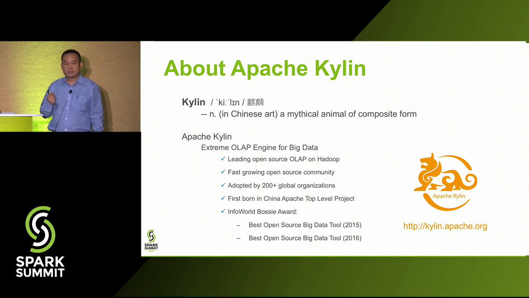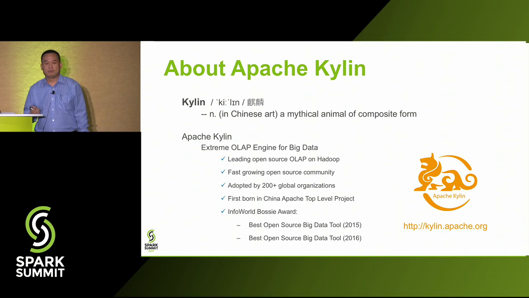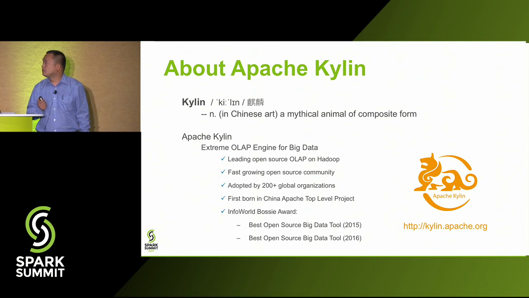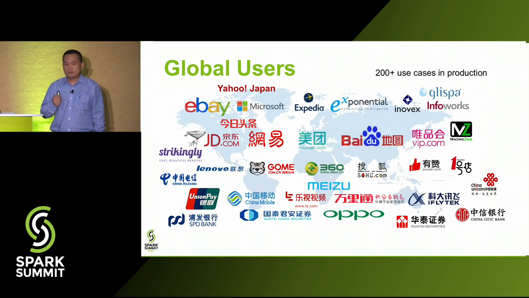This is the first Apache top-level project born in China, and it has also been recognized by InfoWorld. Last year we got the best open source big data tool award, along with TensorFlow, among just about 12 projects. There are more than 200 use cases in production all over the world.